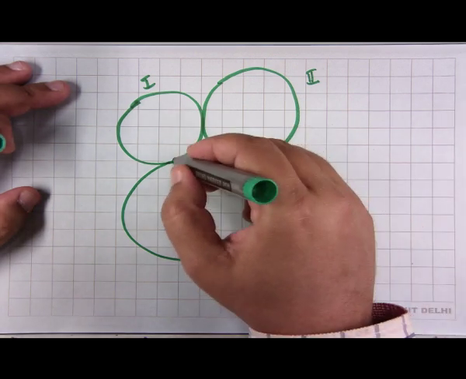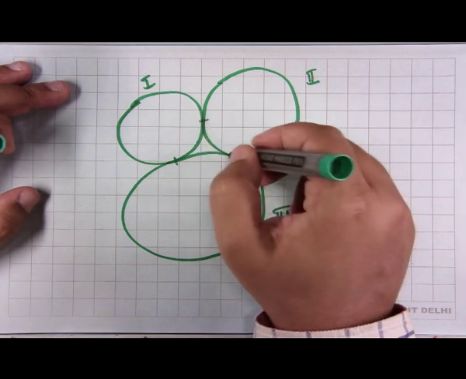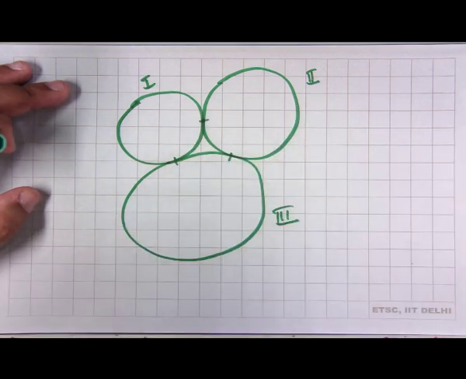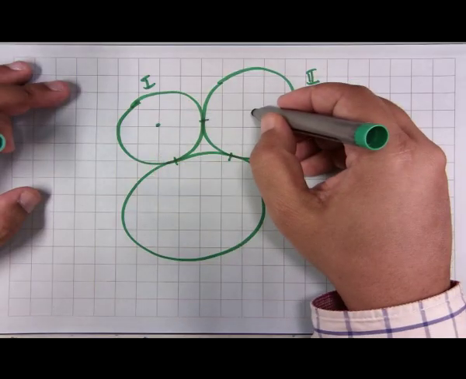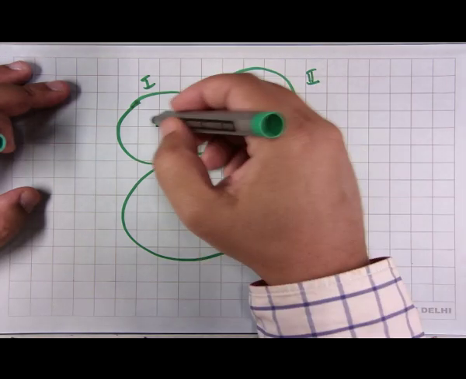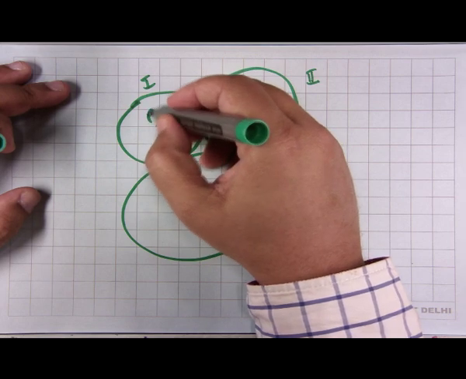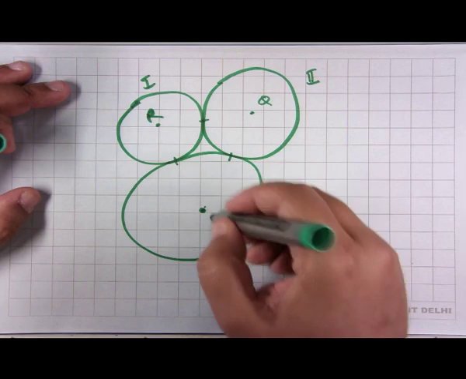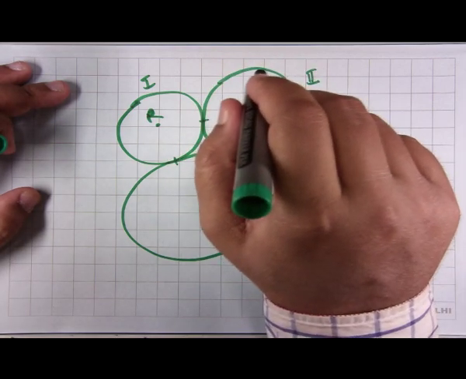These three circles touch each other externally, and let us say that these points Q, R and S are the centers of these three circles.